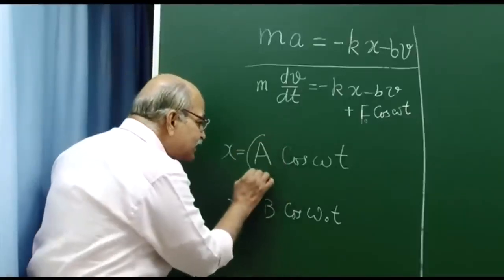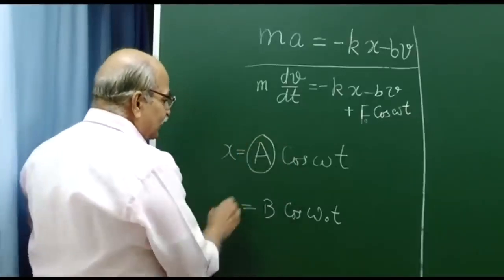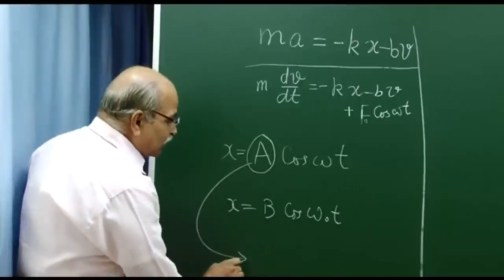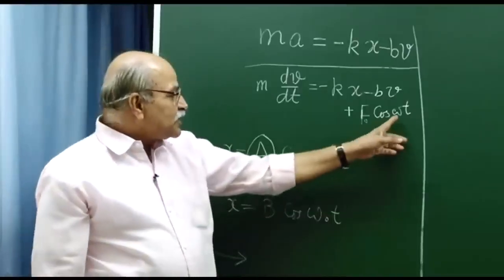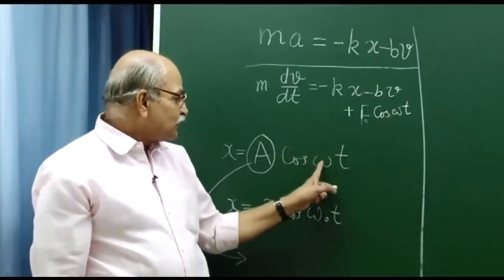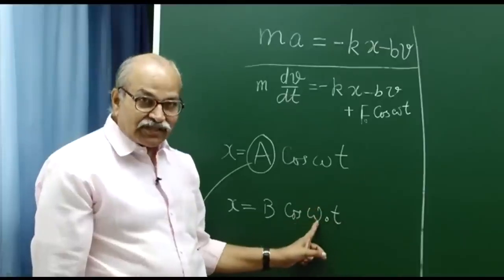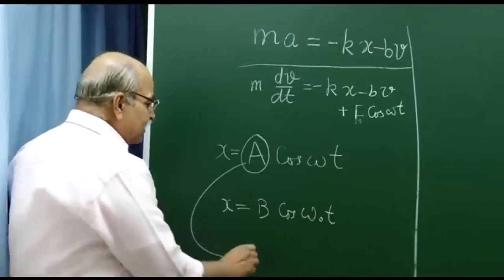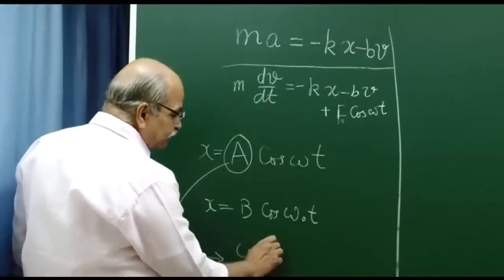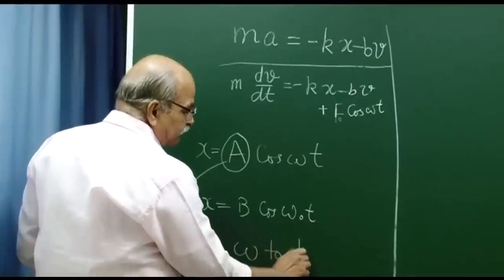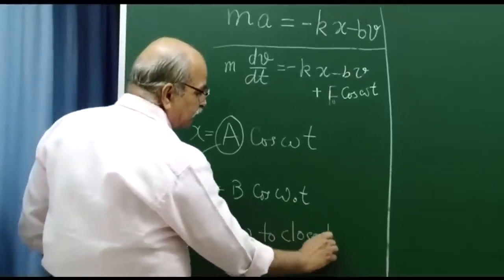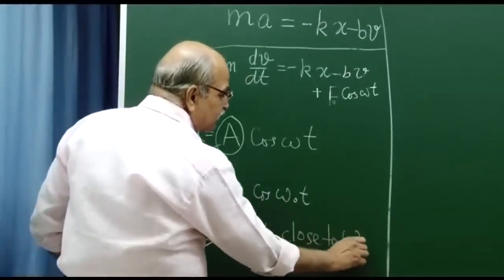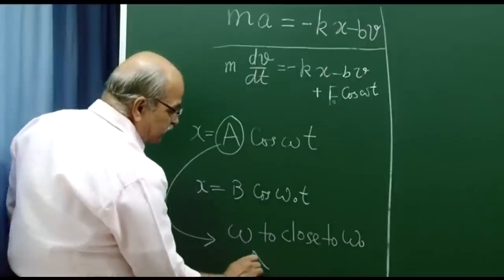And what is this amplitude A? This amplitude A depends on the relation between this omega and this omega naught. If omega is close to omega naught, this A is large.